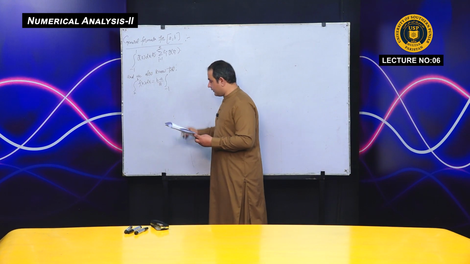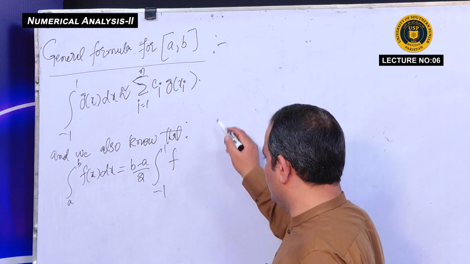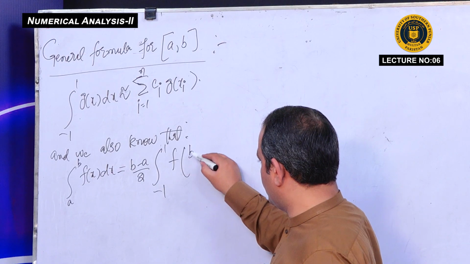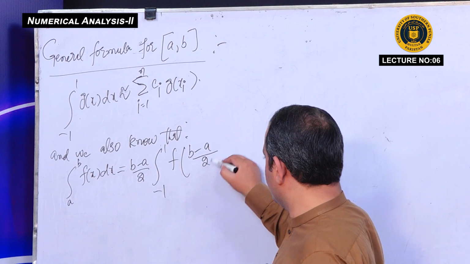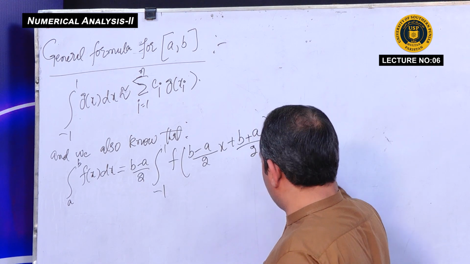Basically in this we have transformed limits from a to b to -1 to 1. So the formula is (b minus a)/2 x plus (b plus a)/2 into dx.